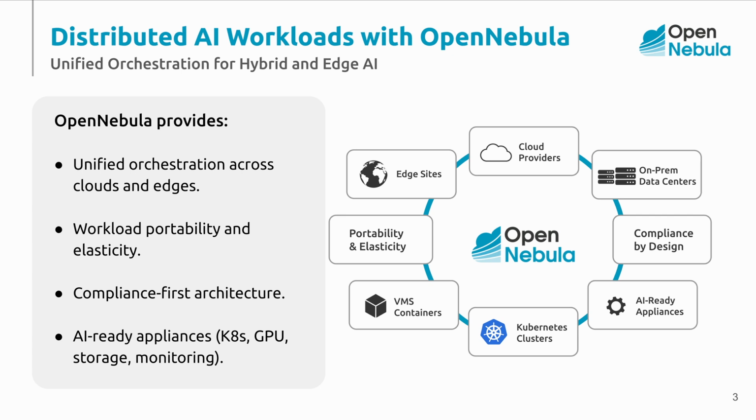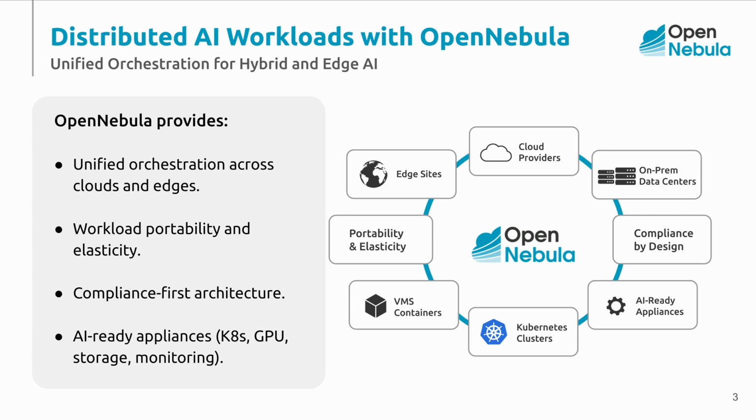what OpenNebula provides. OpenNebula acts as a unified abstraction layer across edge, cloud, and on-premise resources. It allows you to manage your workloads as a single distributed system with a unified orchestration of virtual machines, containers, and Kubernetes clusters. Portability and elasticity, so workloads can move or scale seamlessly.